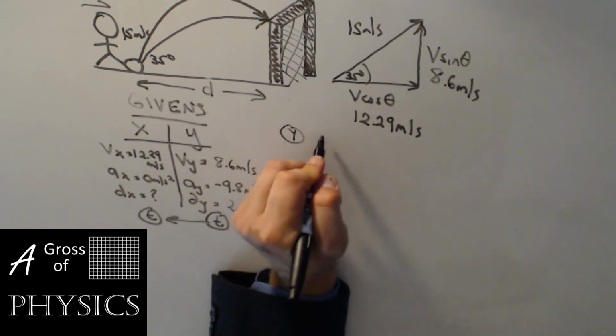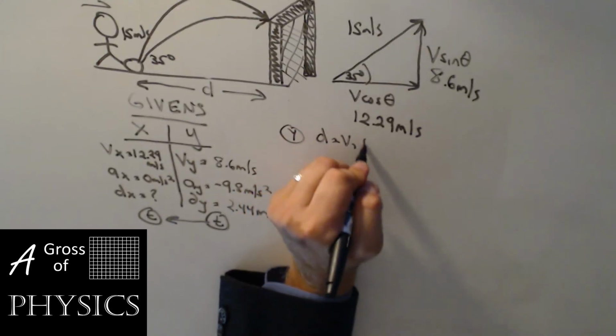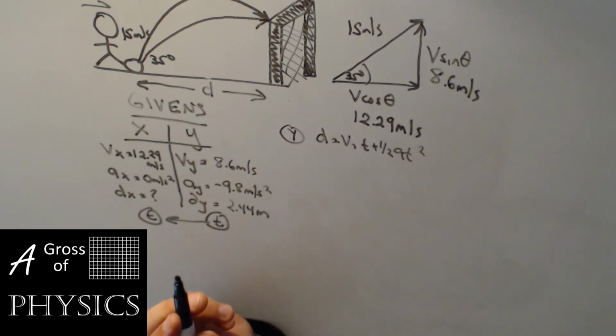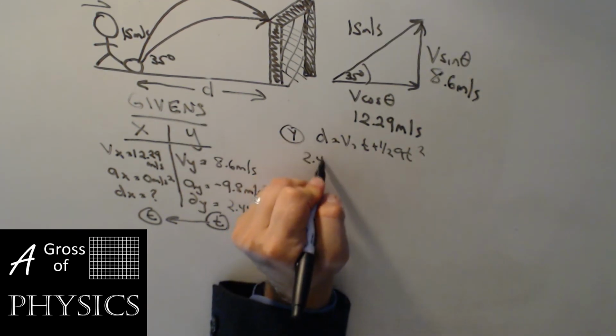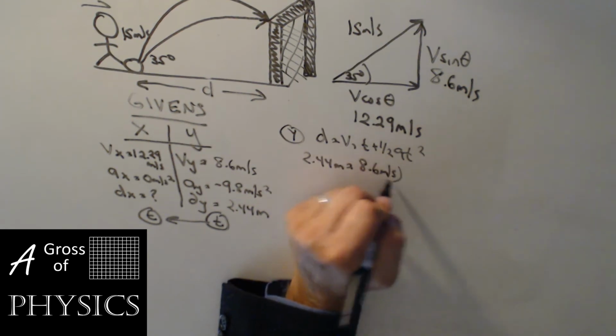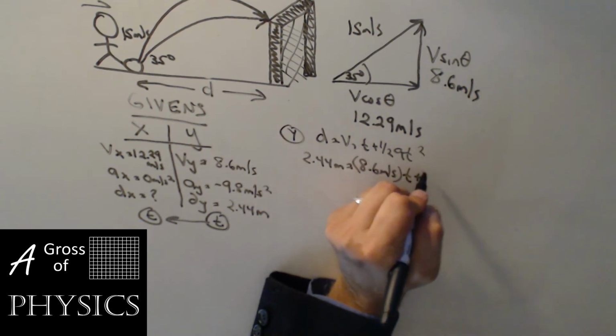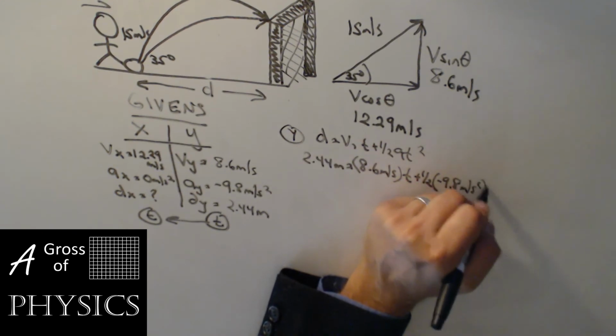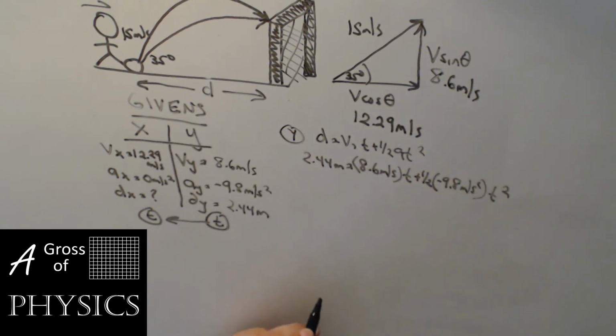So for the y, it's going to be d equals vit plus 1/2 at squared. 2.44 equals 8.6 meters per second times t plus 1/2 negative 9.8 meters per second squared t squared.